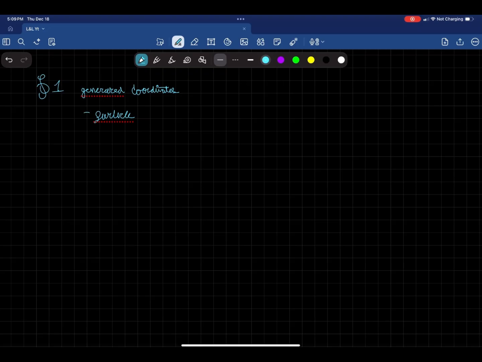For example, the planets can be regarded as particles considering their motion about the sun, but not in considering their rotation about their axes. And the position of a particle can be defined as a function of its Cartesian coordinates, x, y, and z.